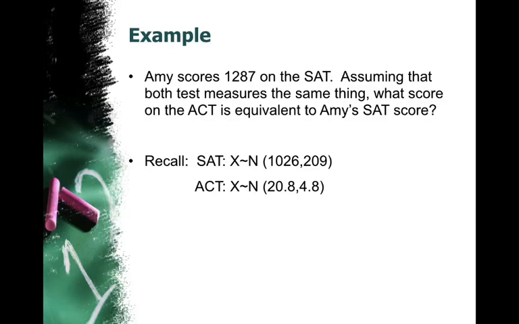And so pause the video, write down Amy's score for the SAT. Make sure you have the mean and standard deviation for both SAT and ACT. Okay, and so what you're going to do on this problem is you're going to take Amy, and she took the SAT, and so I'm going to just put a subscript there so we know what test we're looking at.